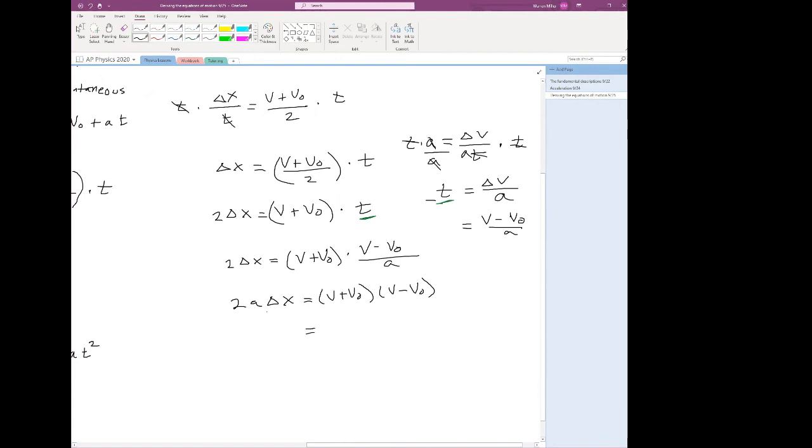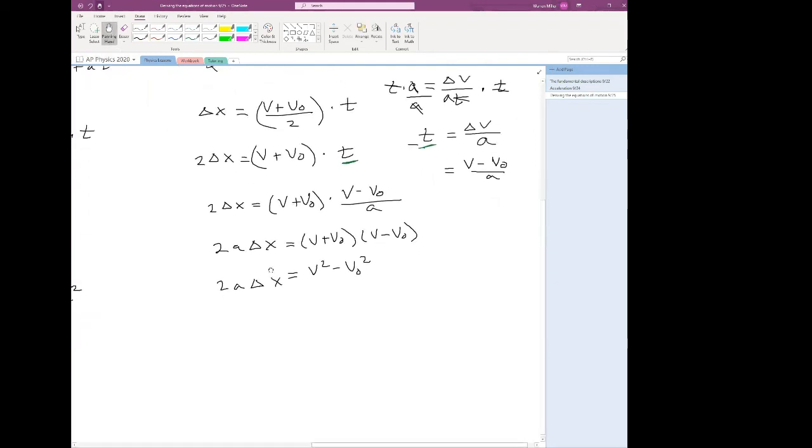So this becomes v squared minus v naught squared is equal to 2a delta x. And if you don't know your difference of two squares, feel free to multiply it out with FOIL if you really are desperate. But a difference of two squares is an easy way to solve this last one.